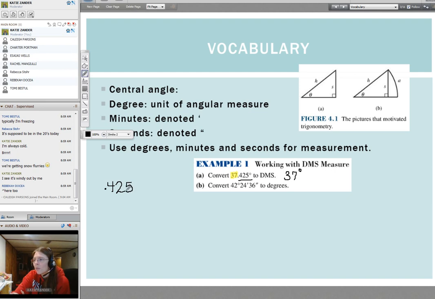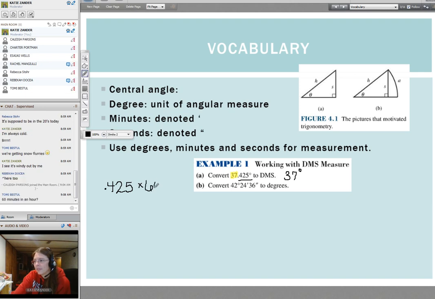Now, why do you think we're multiplying by 60? Where does that come from? Yeah, basically 60 minutes in an hour, right? So you're thinking about a whole, and you have that 60 minutes in 1 hour. So that's what we're going to start off with to find the minutes. So we're going to multiply by 60 to break that down into minutes.